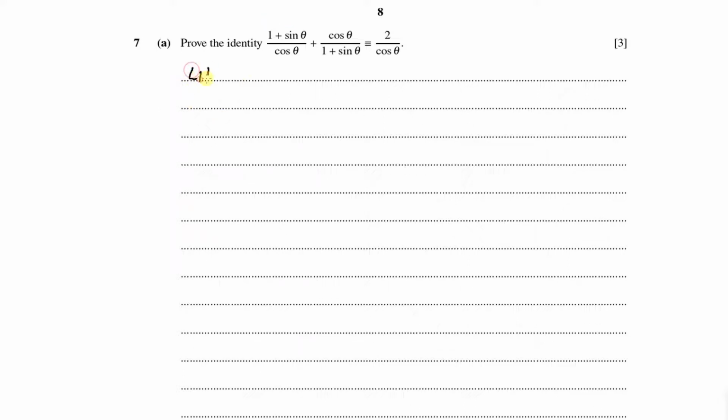So the left hand side, we have 1 plus sine theta divided by cos theta plus cos theta divided by 1 plus sine theta. Now we can simplify this. First, I'll have a common denominator with these two. So that will be cos theta bracket 1 plus sine theta.